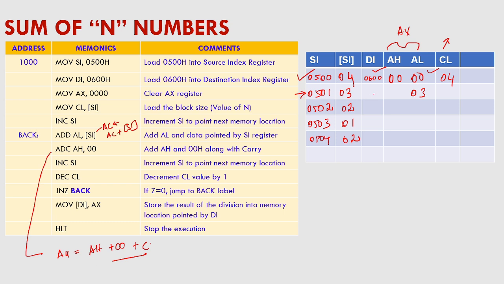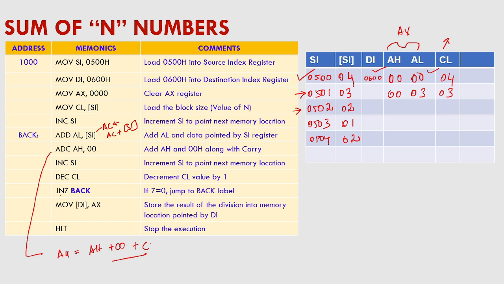You don't have any carry, so you have only 00. Now increment SI. The current value is 0501, and incremented it becomes 0502. Now decrement CL. The CL value is 04, and now it is decremented to 03.